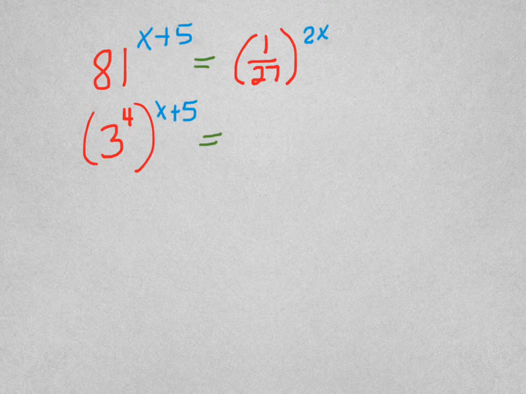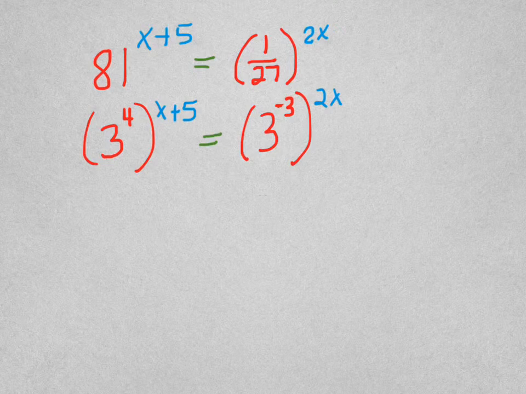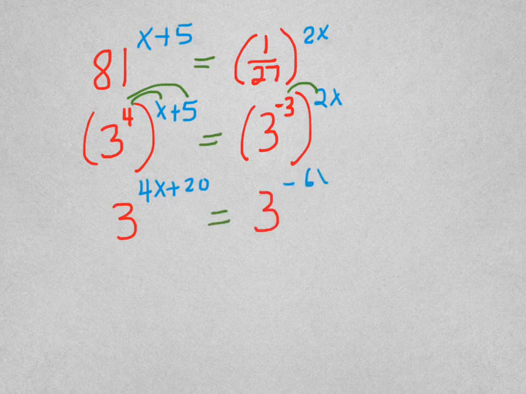We know 27 is 3 to the 3rd. But since we want that value in the denominator, it would end up being 3 to the negative 3. And then we take that to the power of 2x. We will then multiply our exponents together, giving us 3 to the 4x plus 20 is equal to 3 to the negative 6x.